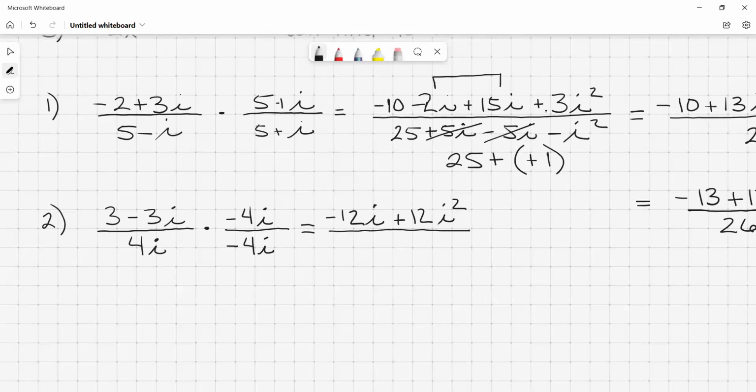In the denominator, 4i times negative 4i is negative 16i squared. All right, so in the numerator, this i squared becomes a negative 1. And down here in the denominator, this i squared is equal to negative 1.